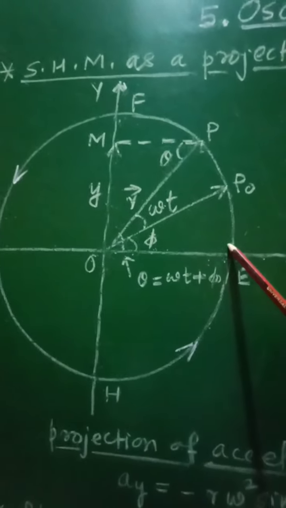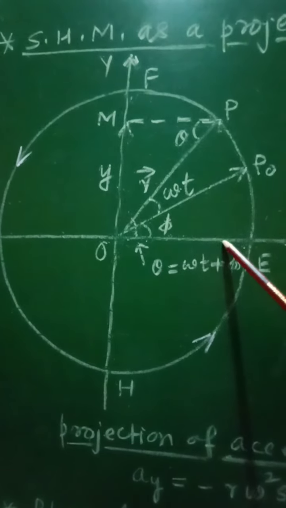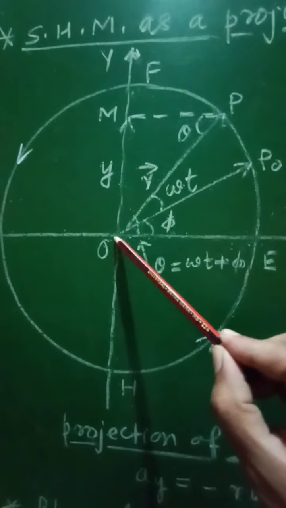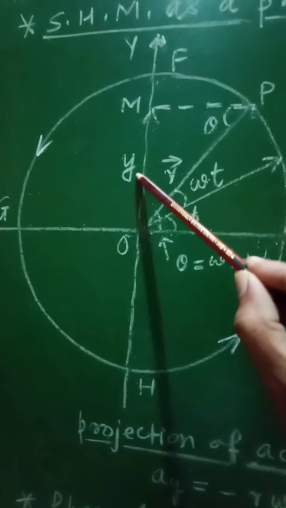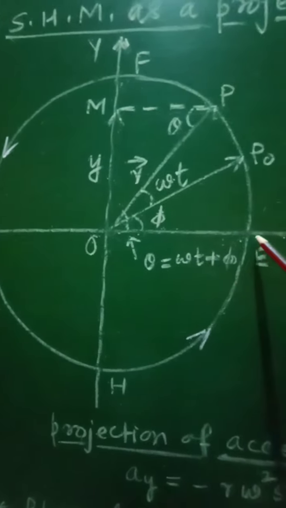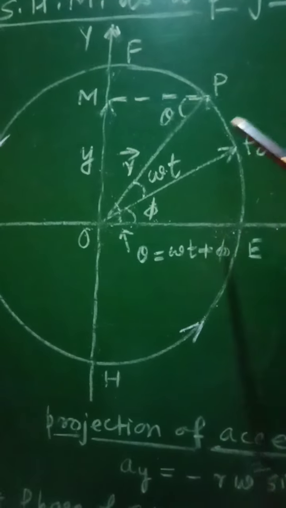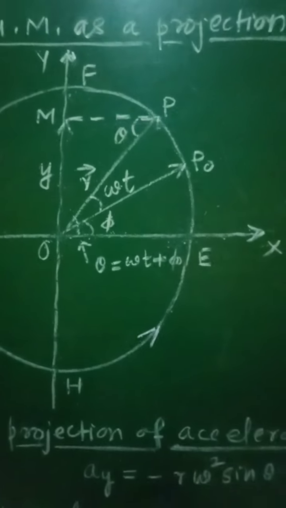So when theta is equal to 0 here, it will represent that the particle is at the mean position O, and now it will move along the positive side of this vertical axis as the angle goes on increasing from 0 onwards.